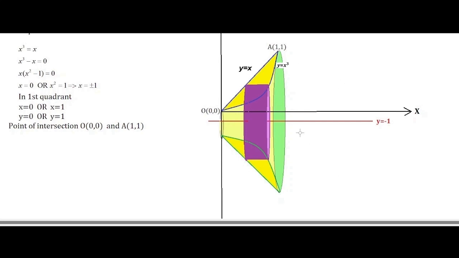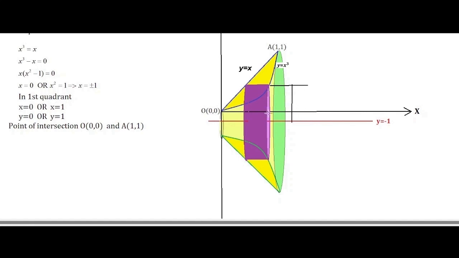To find the volume of the cylinder, we need to multiply its curved surface area with its width. To get the curved surface area, we need the radius and height of the cylinder. As the center lies on the line y equals -1, the radius of the cylinder can be taken as this portion plus this portion.